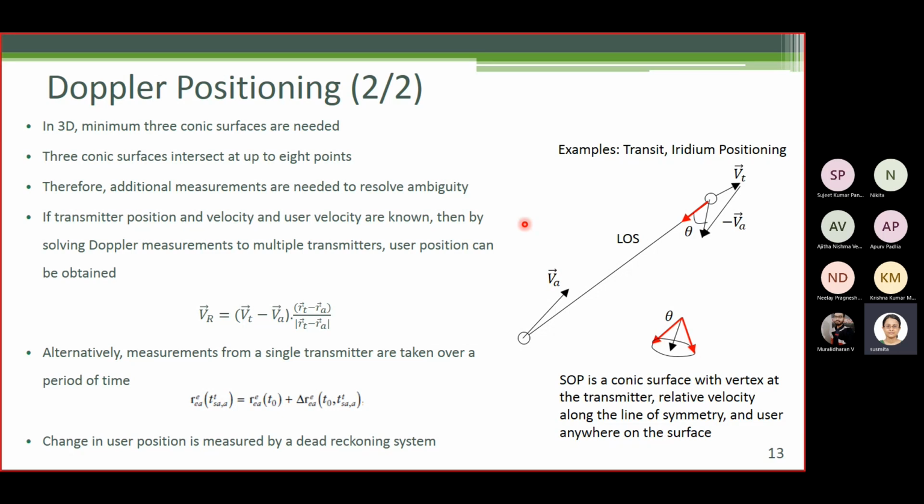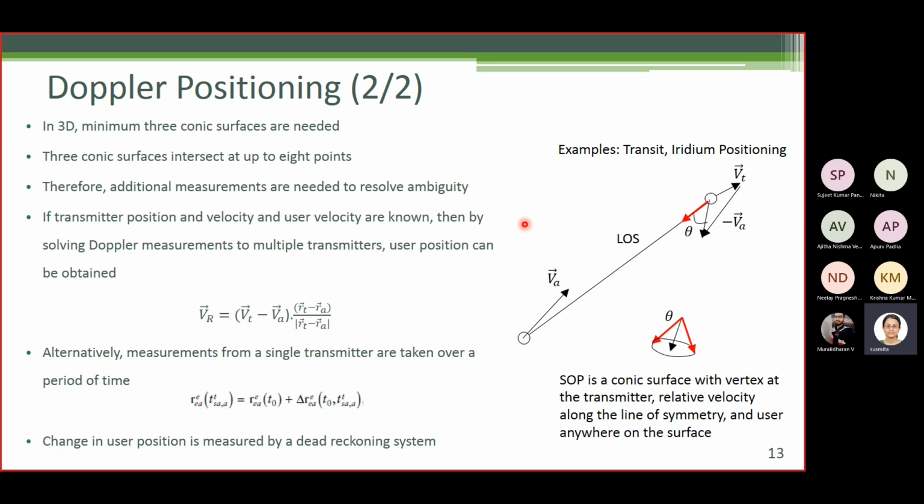So China complained about this in the United Nations. Now that many low Earth orbit small satellites are being launched, people have started exploring this Doppler positioning method with the help of these LEO satellites.